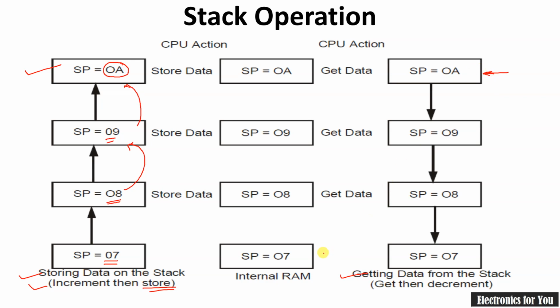While getting this stack data, first we get the data from 0AH, and then the stack pointer will decrement to 09H. Later again, first we get data from 09H, and then the address is decremented, and so on. So after getting data from 08H, we will get 07H as the address of the stack pointer.